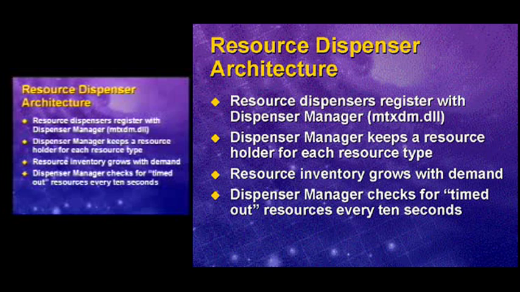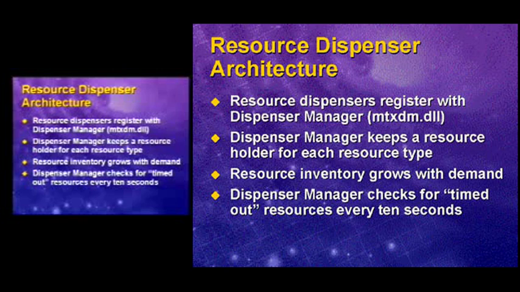So what happens is that Dispenser Manager checks for timed out resources every 10 seconds. I can pass a timeout value into Dispenser Manager, and every 10 seconds it goes around and asks, are any of my connections timed out? The ODBC connection timeout value that's set by default for ODBC connections is 60 seconds.